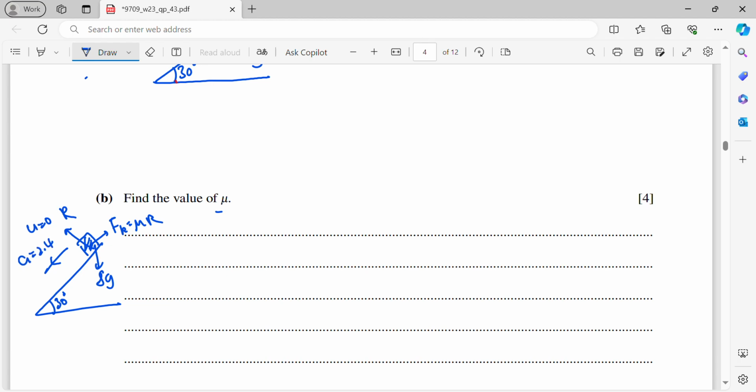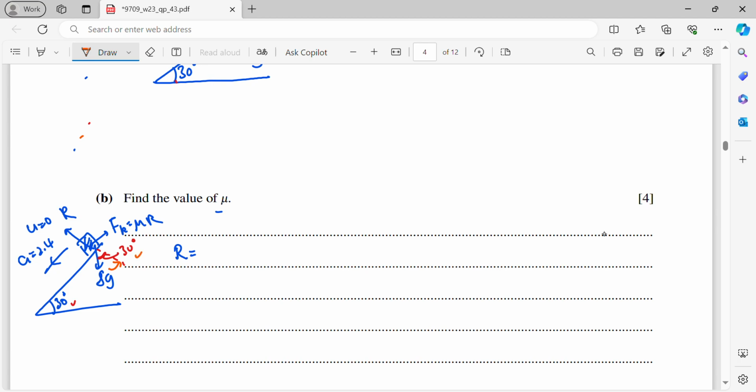Okay, so from here I will write my R. I know that this is going to be 30 degrees because the given angle is 30 degrees. So my R, you can obtain it by resolving this mg perpendicularly to the plane.